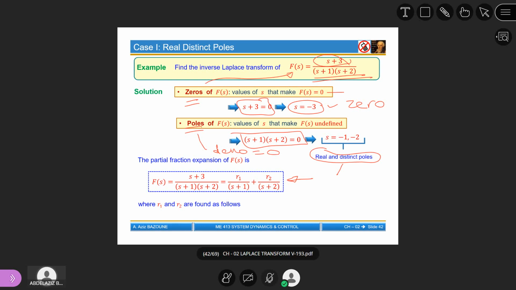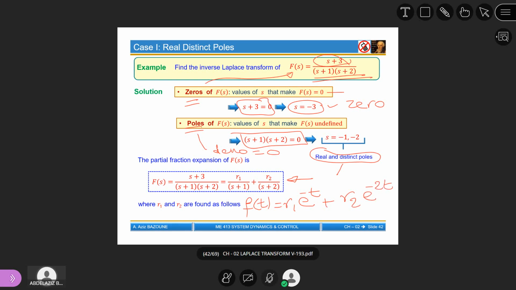All the job you have to do is to find R1 and R2. Once you find R1 and R2, it will be very easy to find f of t. It will be simply R1 e to the minus t plus R2 e to the minus 2t.